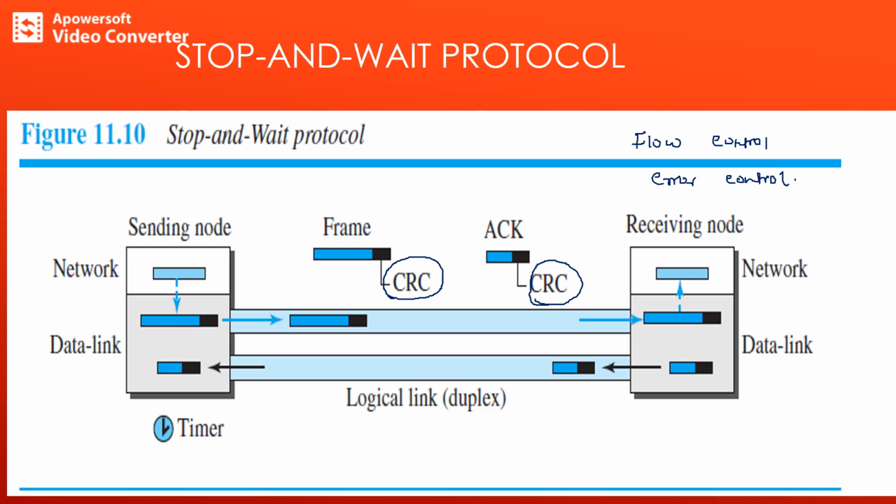While sending the frame, each time the sender sends the data along with the timer information. Suppose an acknowledgement is received before the timer expires, then only the sending node can send the next frame.